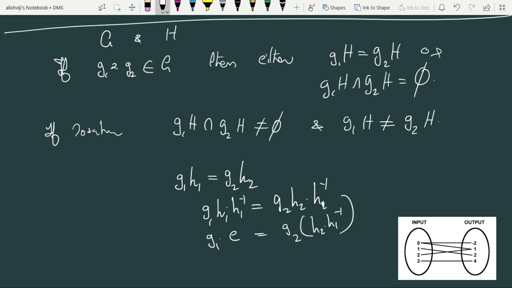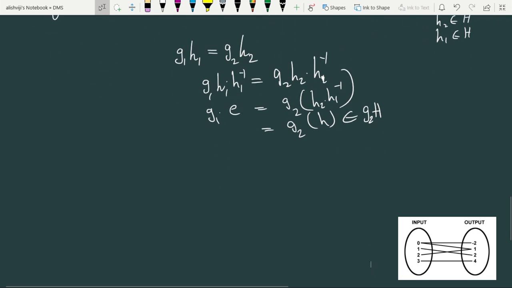So H2 belongs to the group H, H1 belongs to the group H, and H1 inverse is also an element of the group H. So H2 dot H1 inverse is also an element of group H. So G2 into an element of group H means this is an element of the left coset G2H.